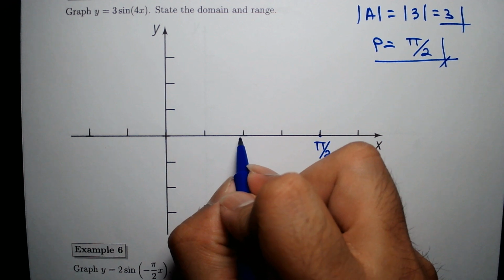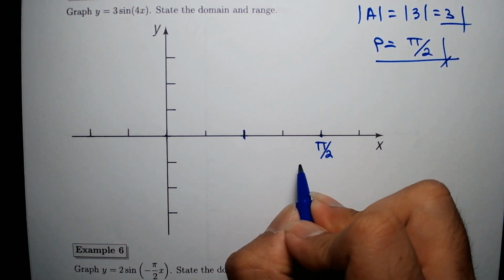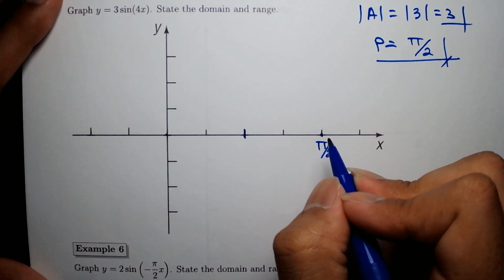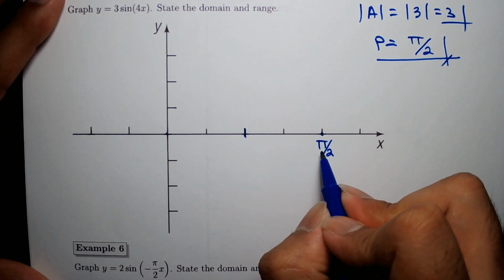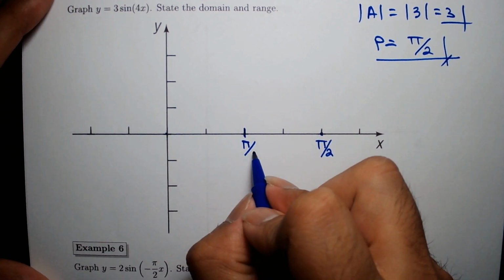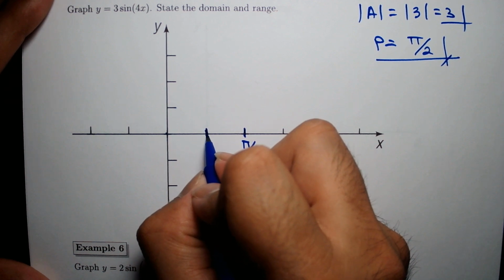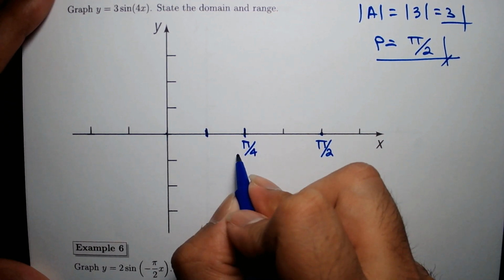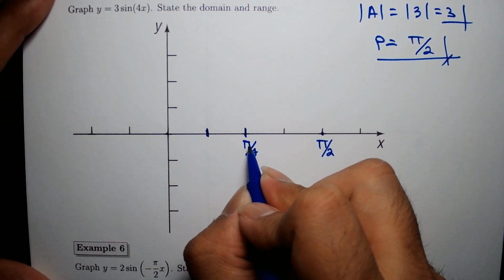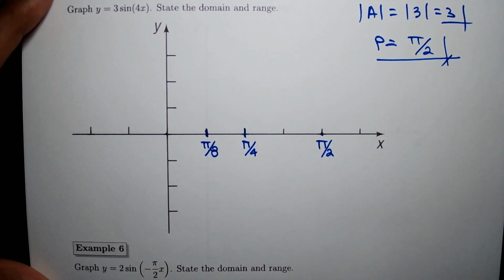This is halfway between the origin and that point where the graph completes one cycle. So if it's halfway through, this is half of pi over 2, which is pi over 4. And then halfway through these 2 points is half of this value. So pi over 4 times 1/2, that's pi over 8.